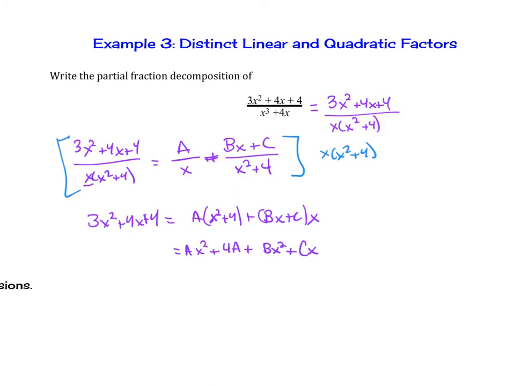Then to collect like terms, we have x squares here, so let's put those together. We're going to write this as A plus B times x squared, plus Cx, plus 4A. So we're writing in polynomial form. We have 3x squared plus 4x plus 4 on this side here.